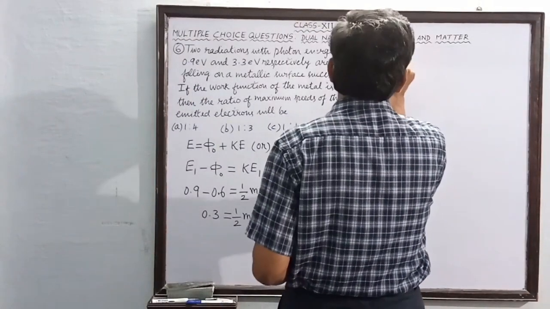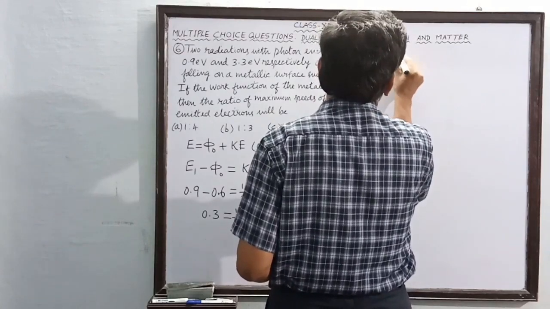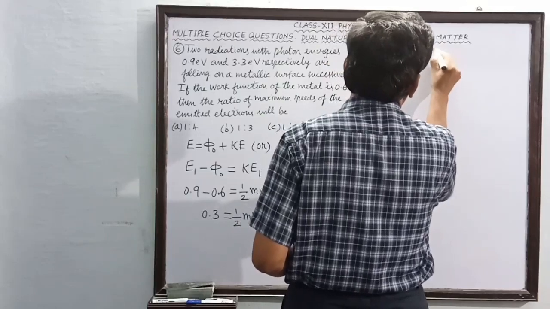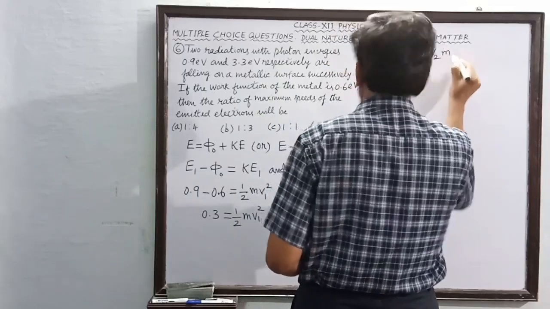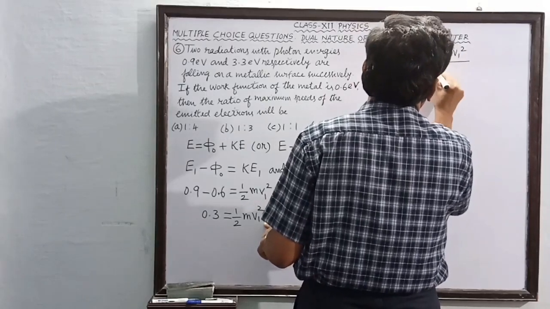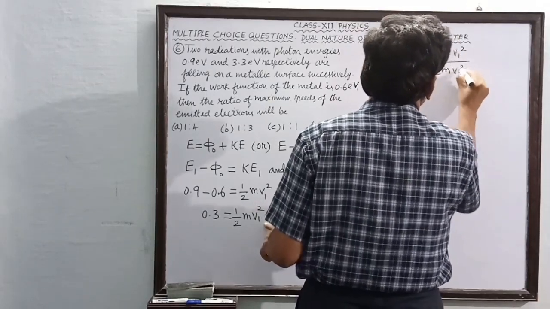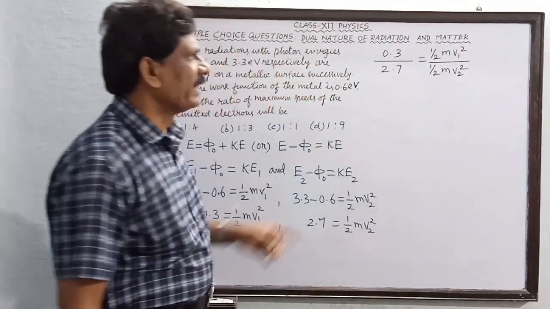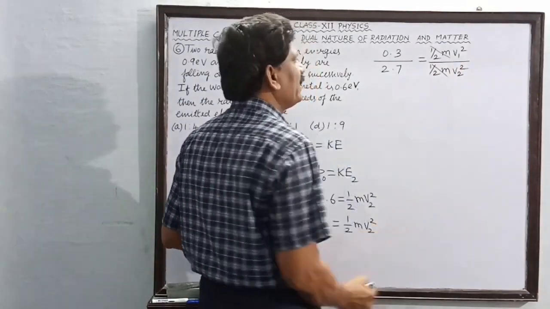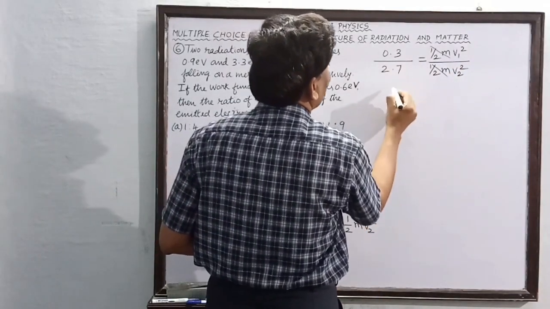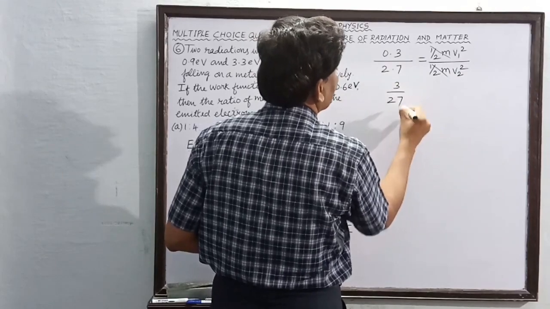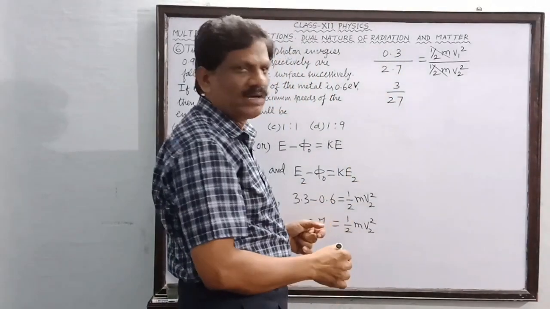Dividing, 0.3 divided by 2.7 is equal to half m v1 square divided by half m v2 square. So cancelling the half and m, 0.3 by 2.7 can also be written as 3 divided by 27, multiplying by 10 on both sides.